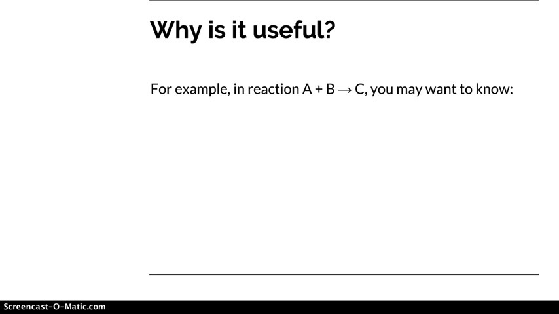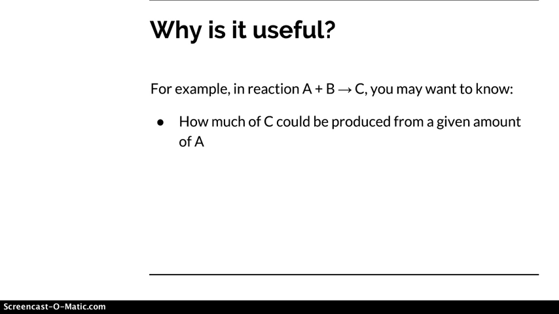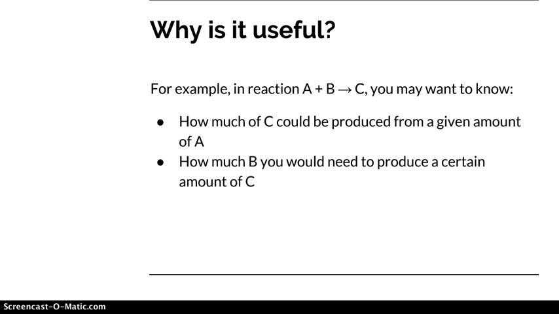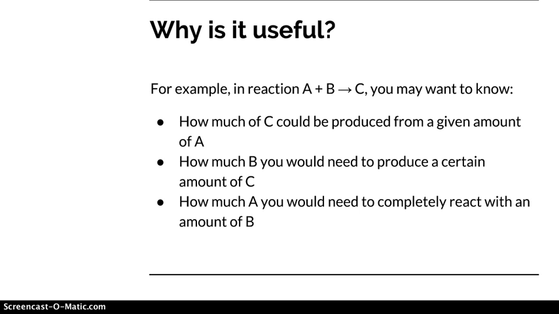So why is stoichiometry useful? In the examples that we're going to look at here, for example, in the reaction A plus B yields C, you may want to know how much of C could be produced from a given amount of A. You might want to know how much B you would need to produce a certain amount of C. Or you might want to know how much A you need to completely react with an amount of B, or any other combination of things you might want to know from that reaction.